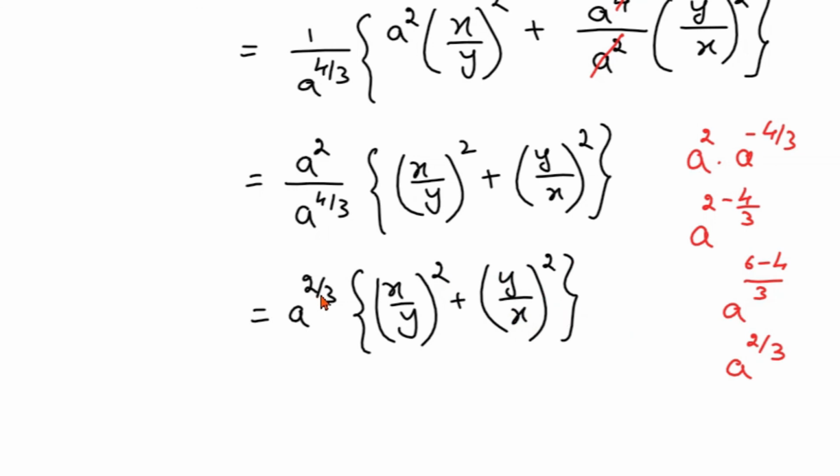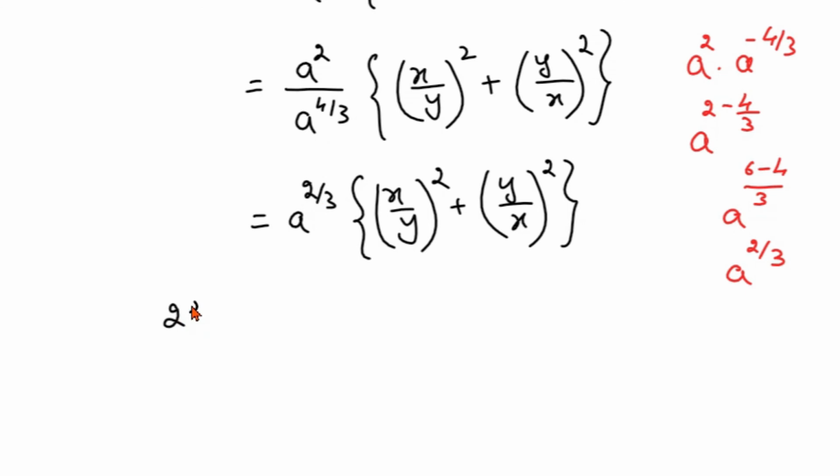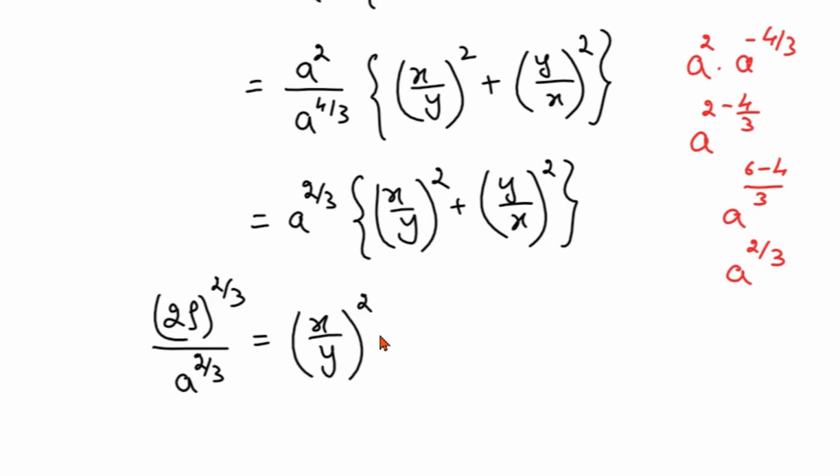Now a power of 2 by 3, you can send it to the other side. It becomes 2 rho to the power of 2 by 3 divided by a power of 2 by 3 is equal to (x by y) whole square plus (y by x) whole square.